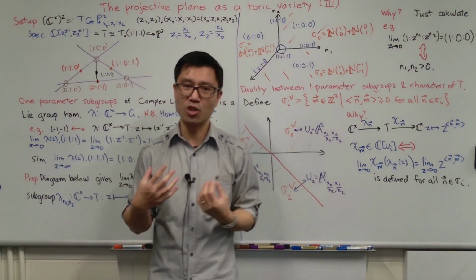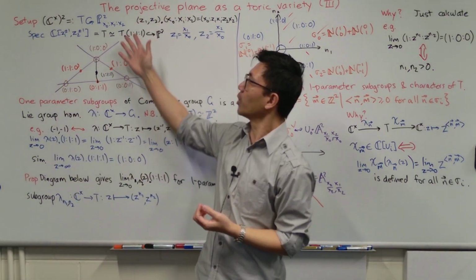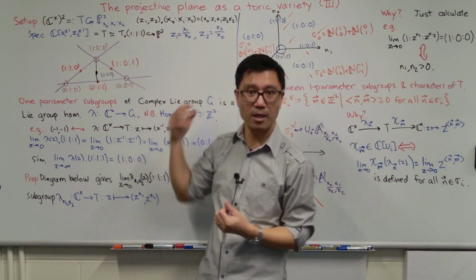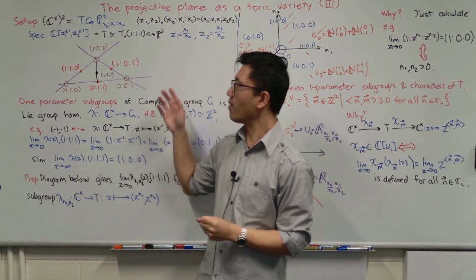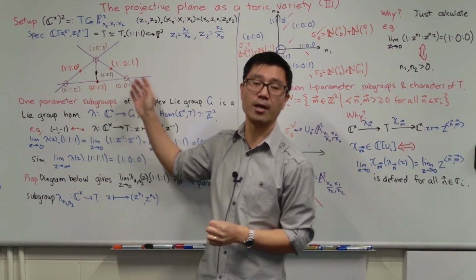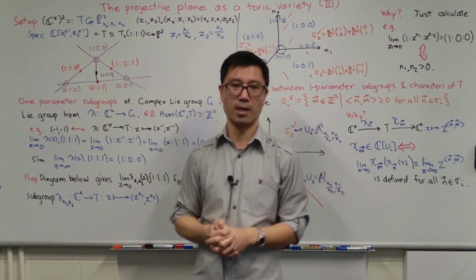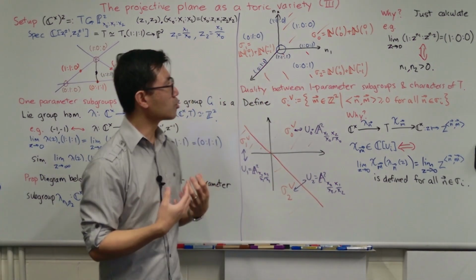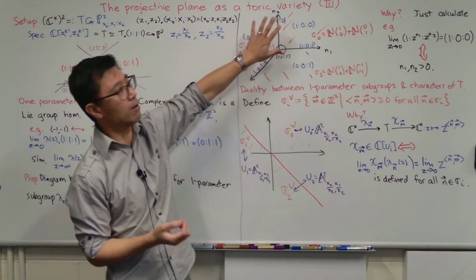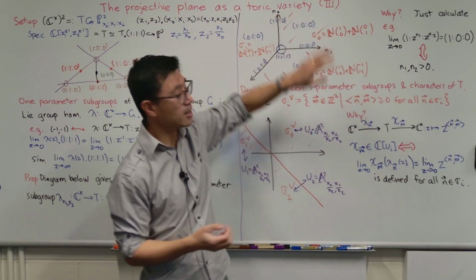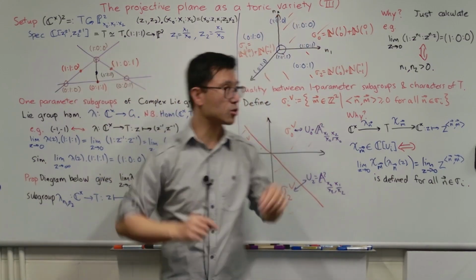So what we've managed to show is that when we look at this projective plane, we're going to study this torically. And one of the things now is that we have a way of encoding the orbit decomposition, okay? And this is the way an algebraic geometer, a toric geometer would do that, and that's using the lattice of, in this case, the lattice of one parameter subgroups of the associated torus.